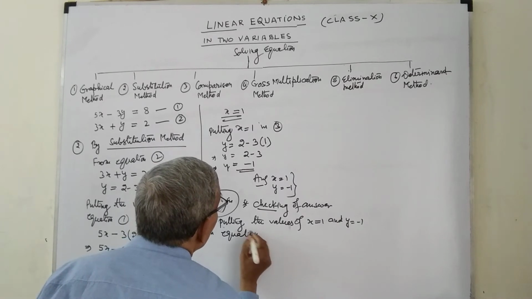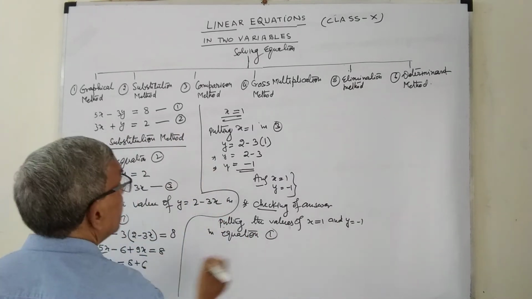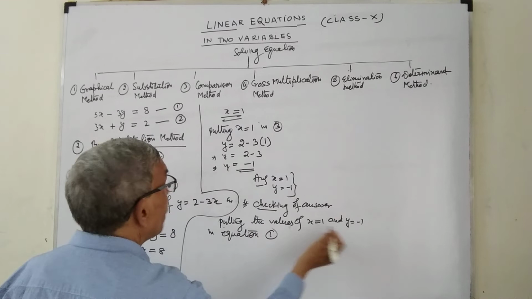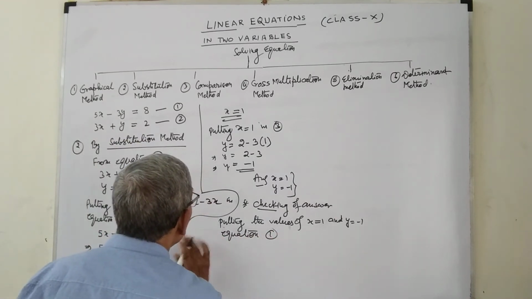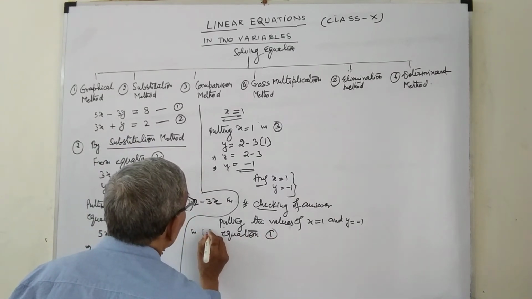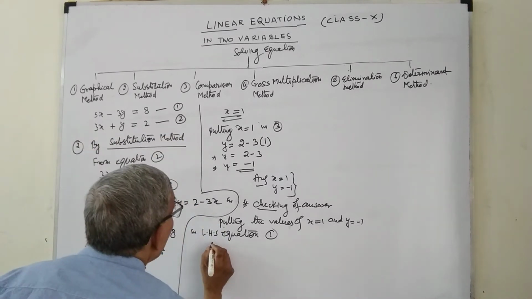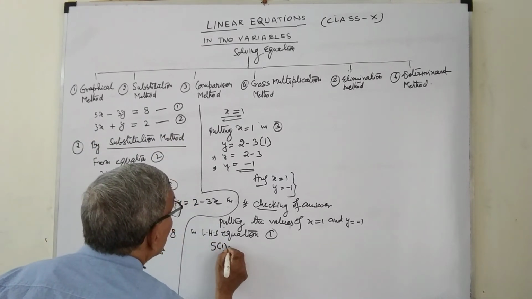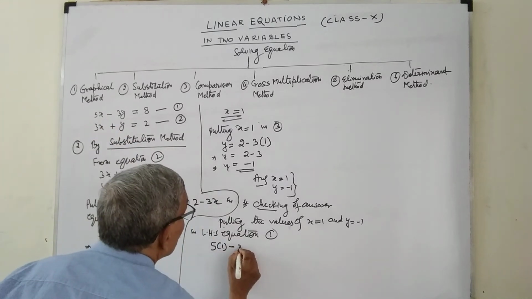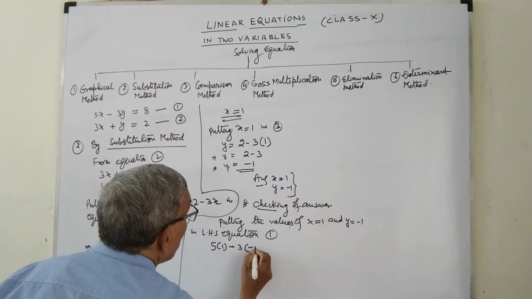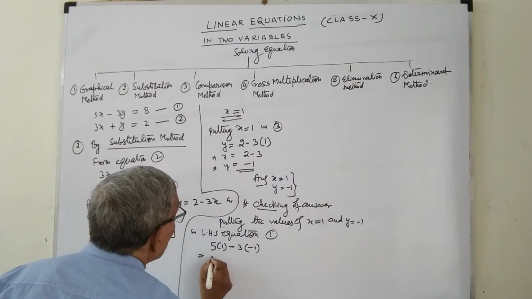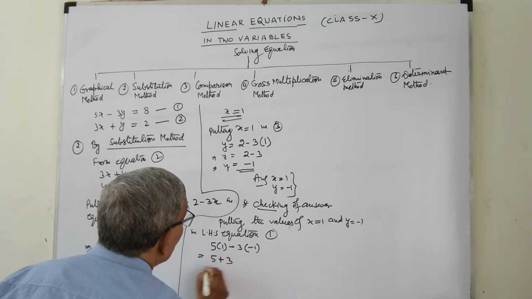Let us see the values of x equal to 1, y equal to minus 1 in the left hand side. So 5 into 1 and minus 3 into y, in minus 1, so this will be equal to 5 plus 3.